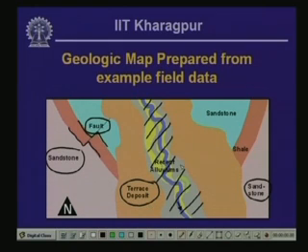Then there are silty units shown by gray color, and there are even finer grained deposits underneath an old oxbow lake, which we saw in the presentation of the last lesson.